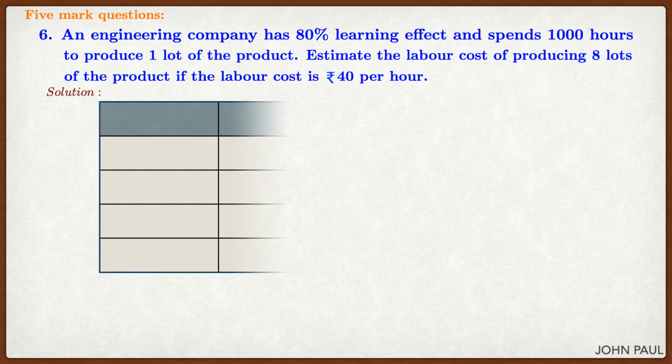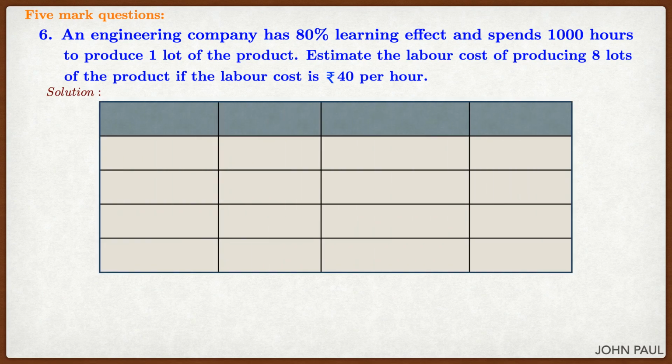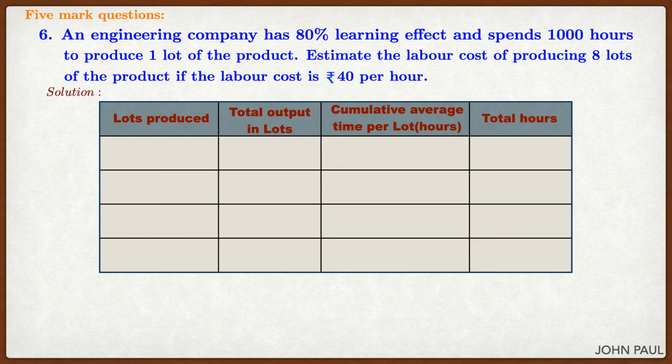Solution: draw the table. Lots produced, total output in lots, cumulative average time per lot in hours which is given, and total hours. If one lot is produced, the first lot, total lots produced is 1 only.